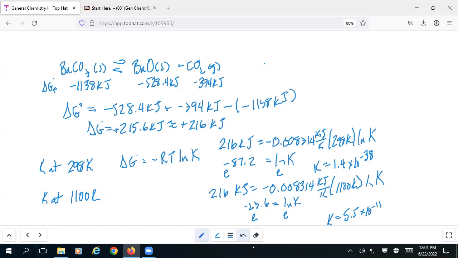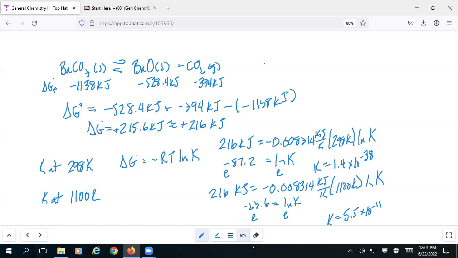So the reason I bring this up is this decomposition reaction between barium carbonate and its decomposing counterparts is one we can do. You can take barium carbonate, put it in a flask, heat it up on your Bunsen burner, and it will generate enough carbon dioxide to put out a flame.